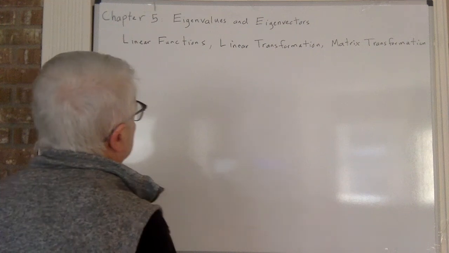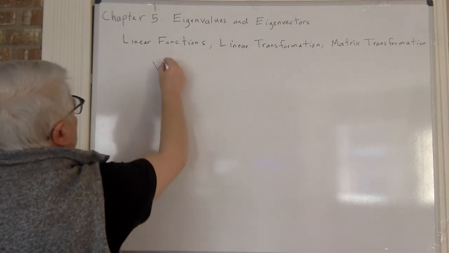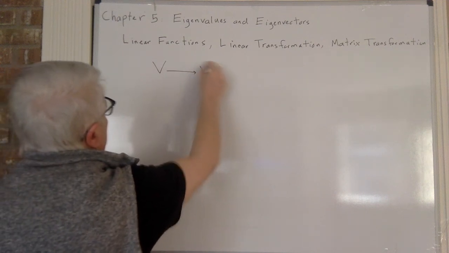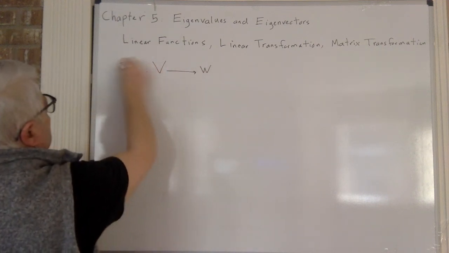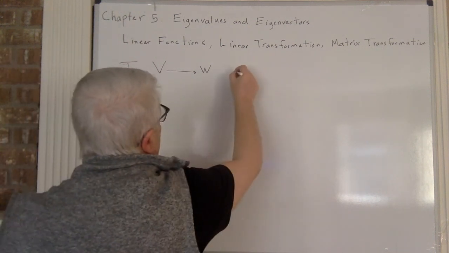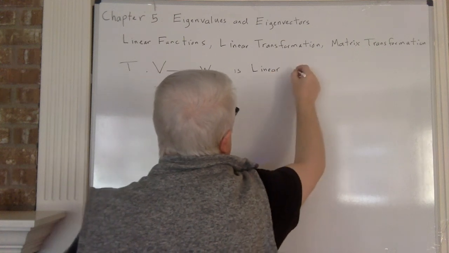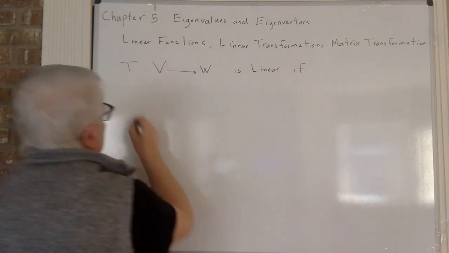Okay, so if I have a vector space V and another one W, then a function from V to W is linear if two things happen.